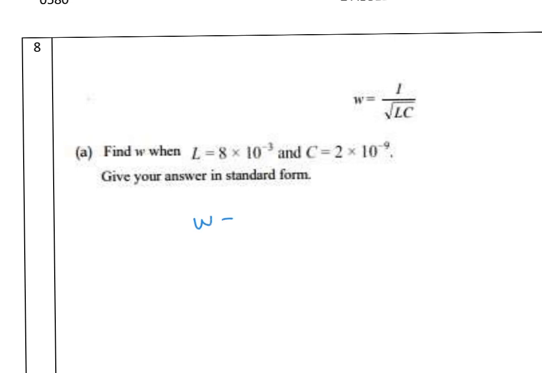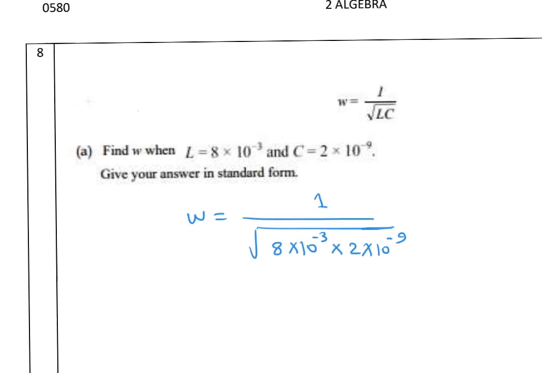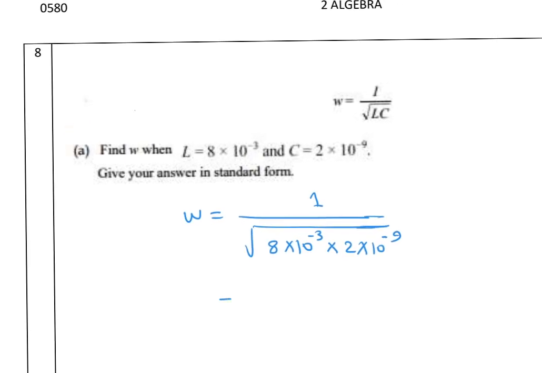So W equals 1 over the square root of 8 times 10 to the power negative 3 times 2 times 10 to the power negative 9. The answer is 250,000, which is 2.5 times 10 to the power 5.